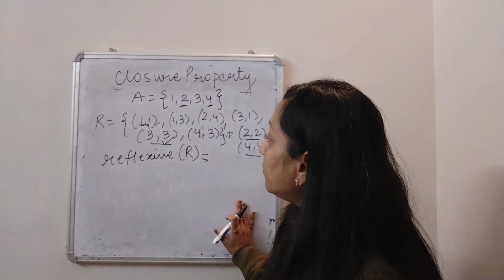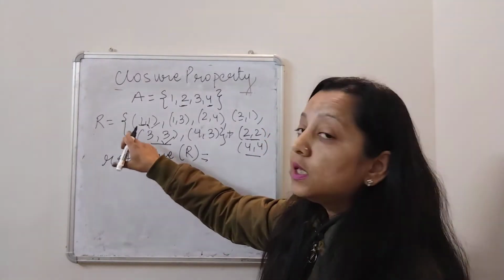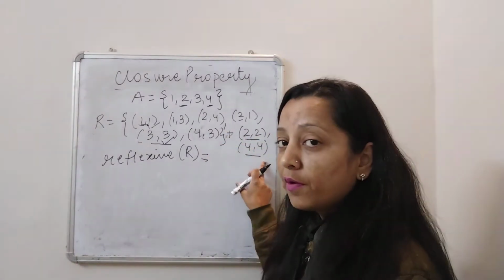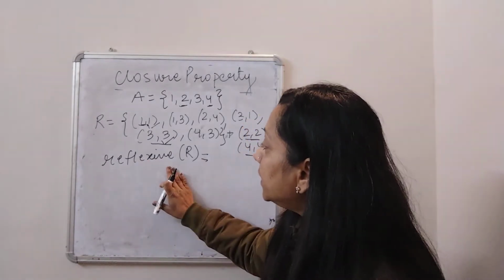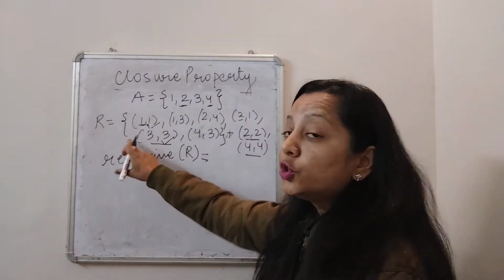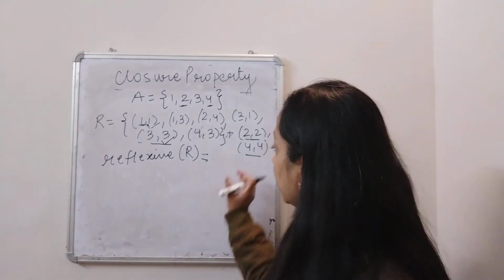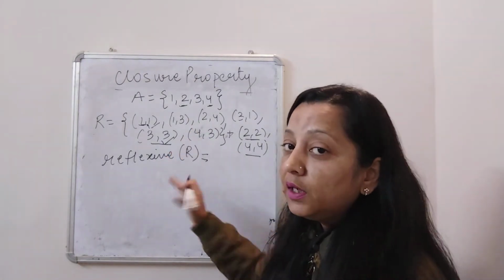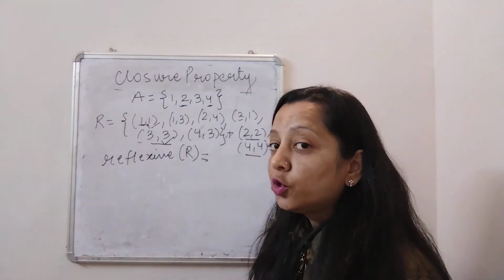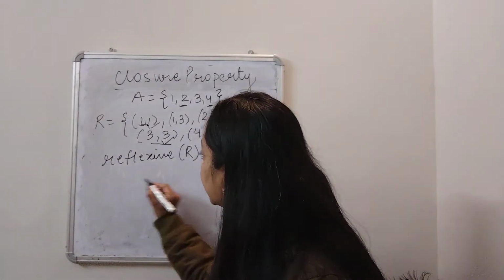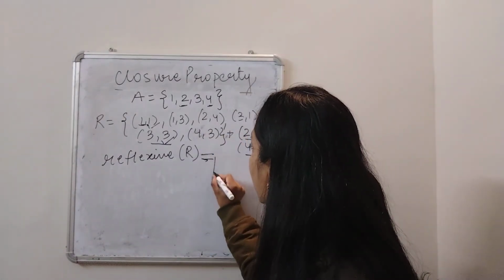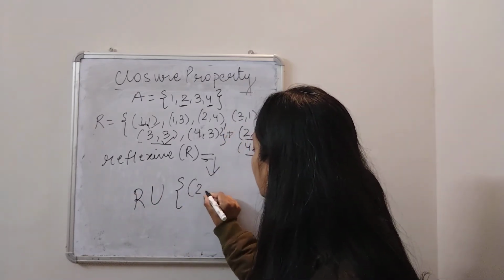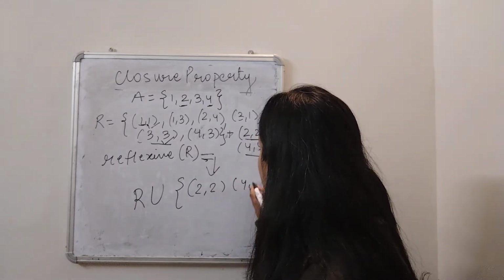Yes. So what does that mean? To this already existing relationship set, if I add 2 comma 2 and 4 comma 4, I will achieve the reflexive closure of set R. Yes, if I add just these two coordinate pairs to this already existing relationship set, I will get the reflexive closure of R. So I can say that the reflexive closure of R is equal to R union {2 2, 4 4}.